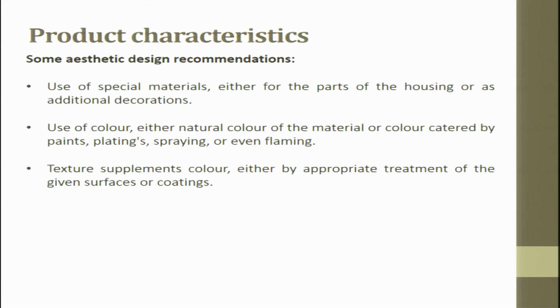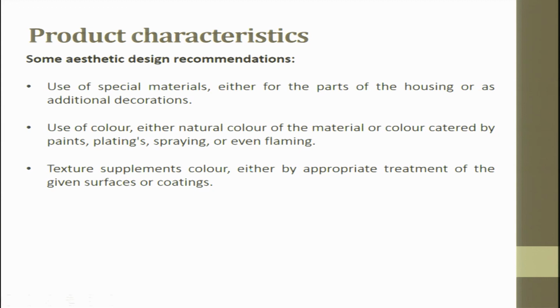Some aesthetic design recommendations: use of a special material either for parts of the housing or as additional decoration. Use of color, either the natural color of the material or color created by paints, plating, spraying or even flames.